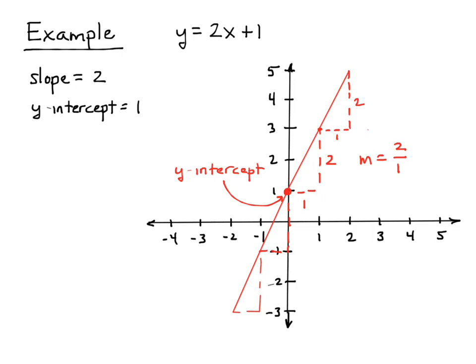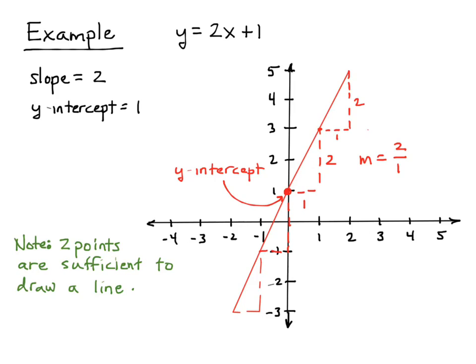And the further apart you have your points, the more accurately you'll draw your line. Okay, so 2 points are sufficient. Okay, so that's what I was just saying about using larger integers in your ratio, and you can go 4 over 2 and you get that more extreme value.